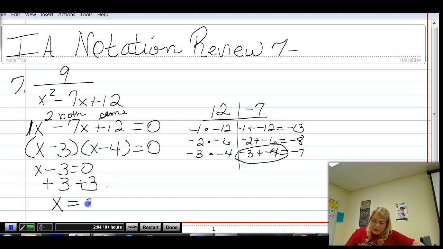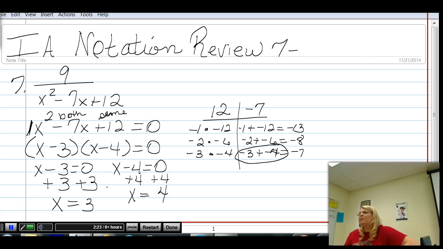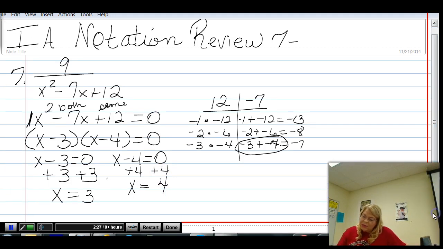So when x is equal to positive 3, my denominator becomes 0, and the fraction becomes undefined. When I add 4 to both sides, I get x equal 4, and that is telling me when x becomes 4, the denominator becomes 0, and the fraction becomes undefined.